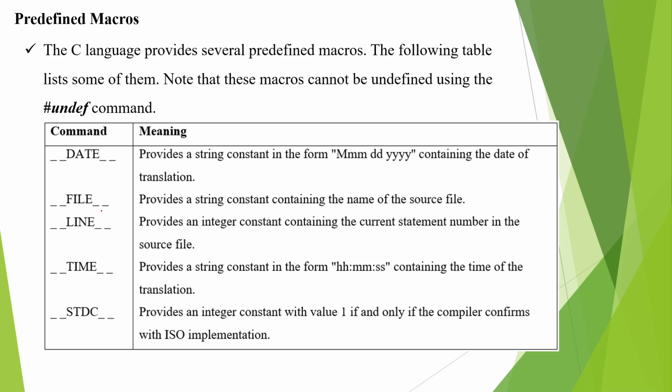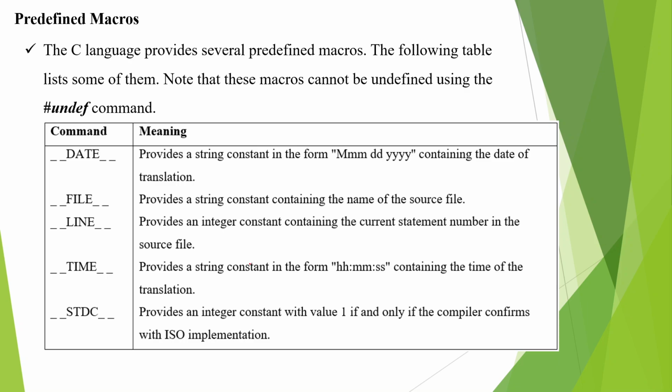Then the file macro, whatever source file you are dealing with, it will return the source file name. Then the line macro, where you keep this line macro, that particular line number it will return inside your source file. Time macro will return the time in this format, hours, minutes, seconds, the current system time.